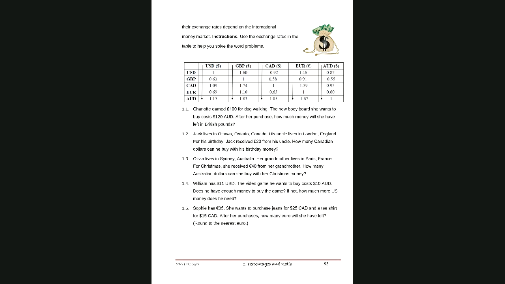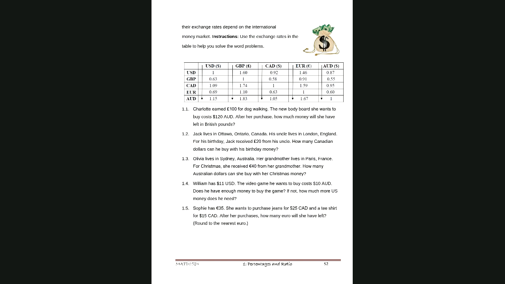So let us look at the US. You see that US dollar is 1. That means for US dollar, the exchange rate will be the same. Is that clear? That's why it's 1. Now let us look at US dollar to British pound.